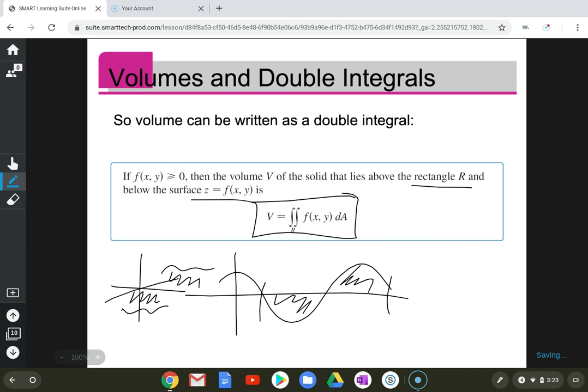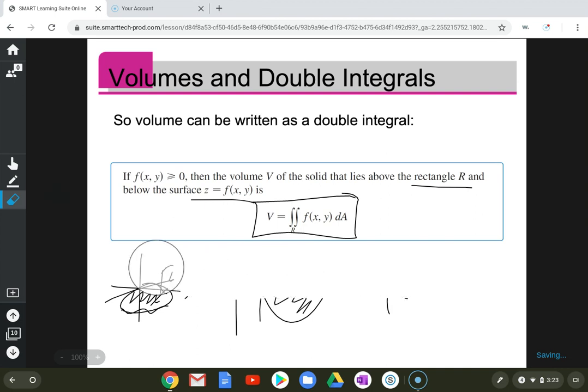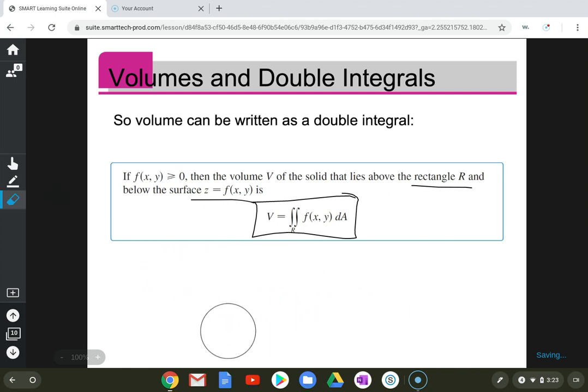So the only way to truly get volume is if everything's above the x-axis, or you do an absolute value, or find where it's below and multiply by -1. But just know that you only get true volume if your function is above the xy plane.